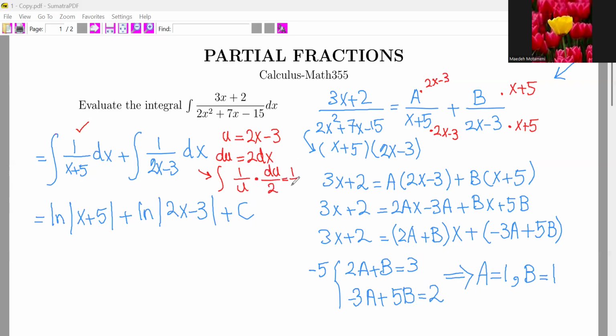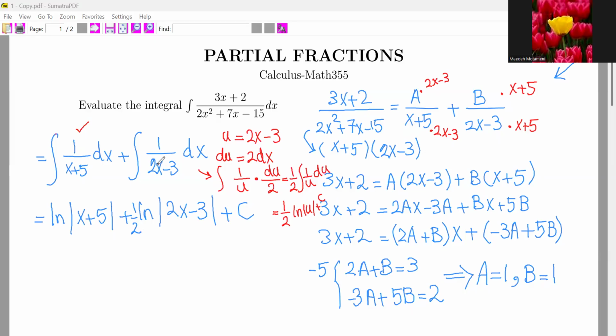So it will be 1 over 2 times the integral of 1 over u du. And we know that this one is ln of the absolute value of u plus C. And we know that u is 2x minus 3 here. And we would add 1 over 2 as the answer. Or you may want to do it faster.